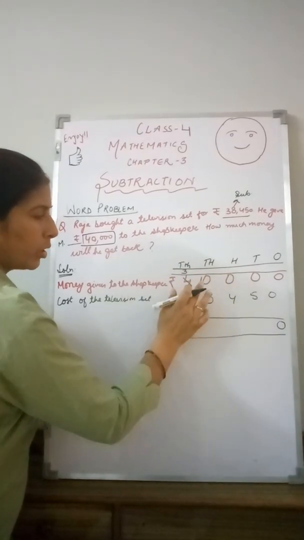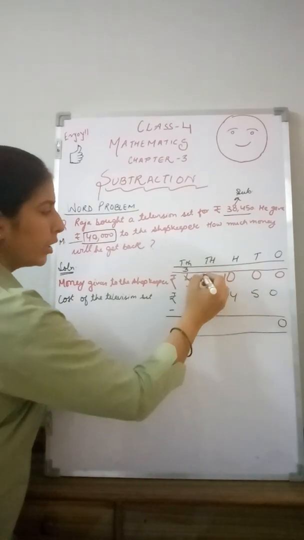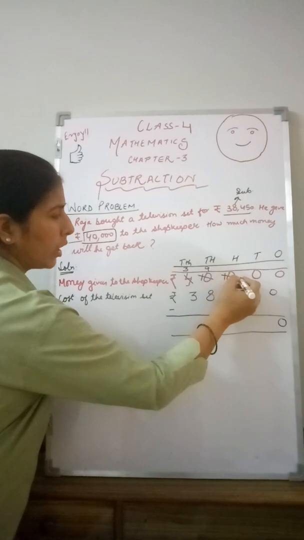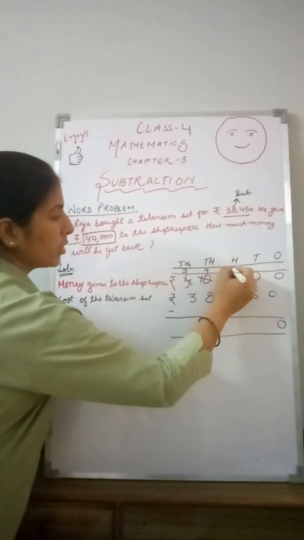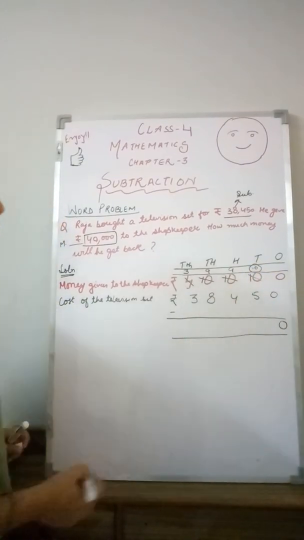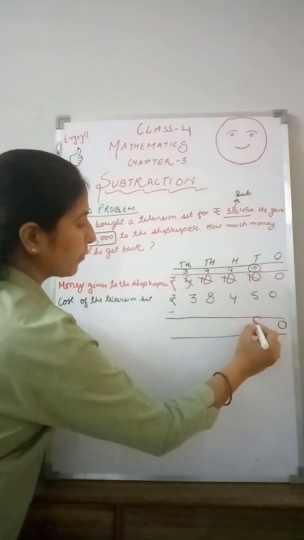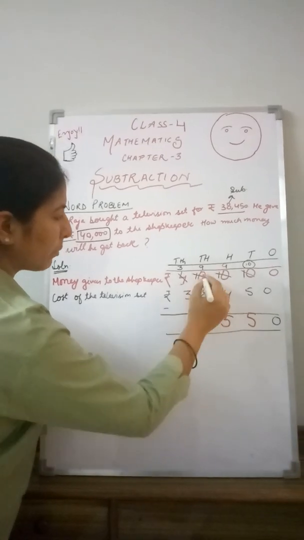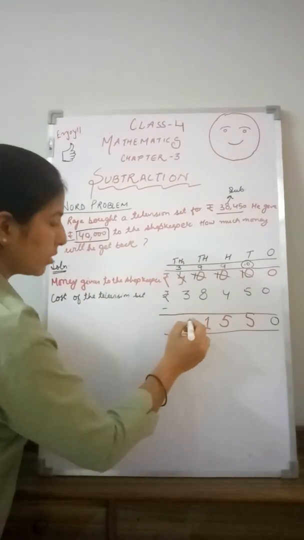Now the thousands place becomes 10, and it helps the hundreds, so it becomes 9. Now the hundreds place is 10, and it helps the tens by giving 1, so it becomes 9, and the tens place becomes 10. So let's start subtracting. 10 minus 5 is 5, 9 minus 4 is 5, 9 minus 8 is 1, and here the same number subtracted from the same number, again the answer is 0.